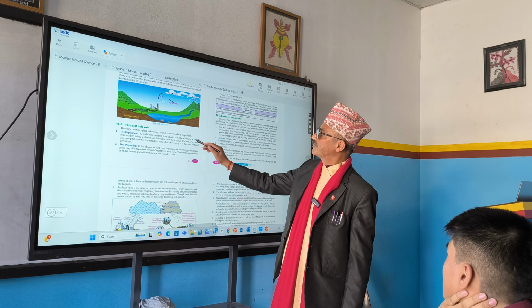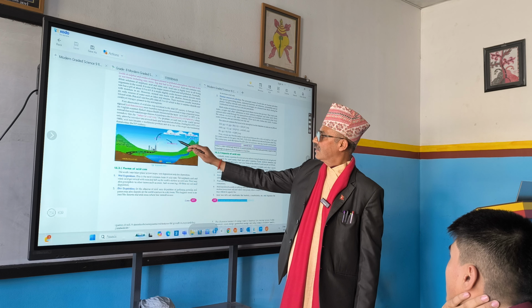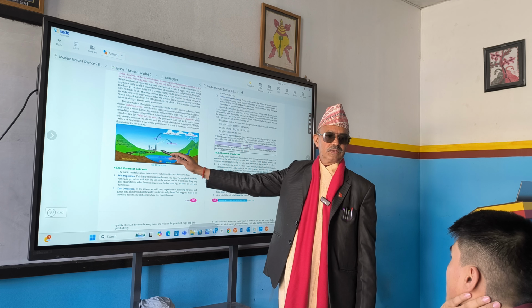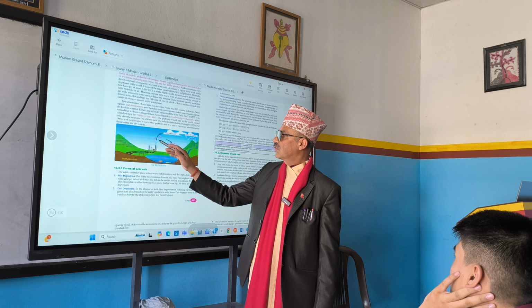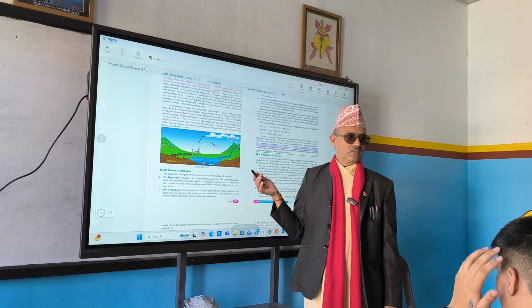You can see here how acid rain is formed. When fossil fuel or wood burns, gases like sulfur dioxide and NOx, meaning oxides of nitrogen, are released.